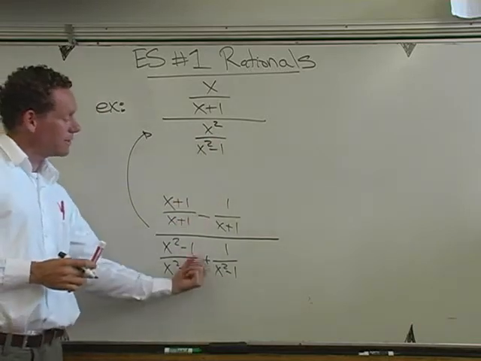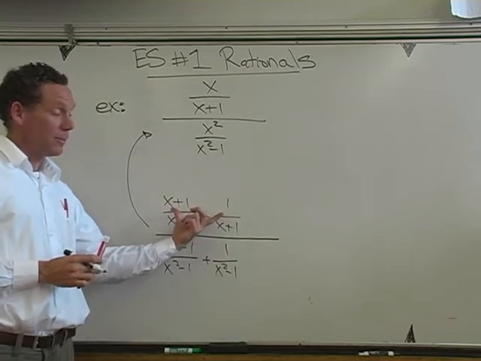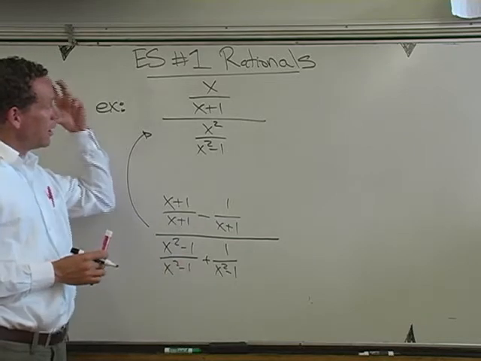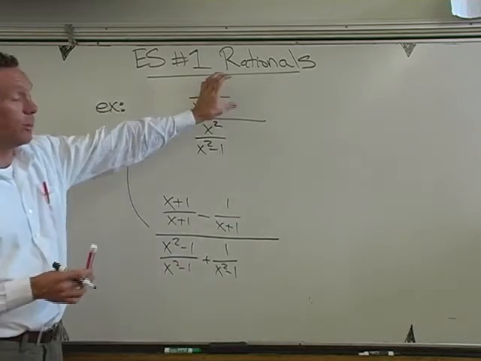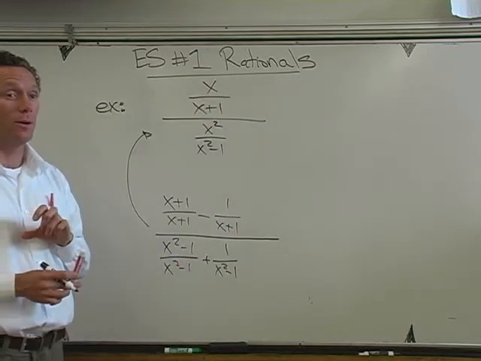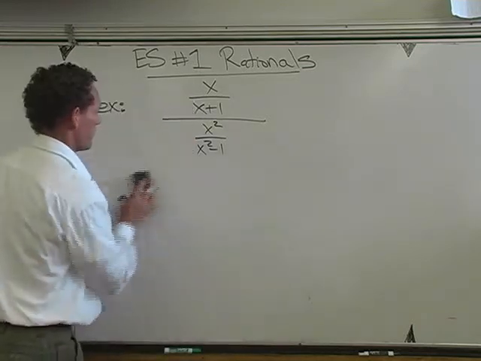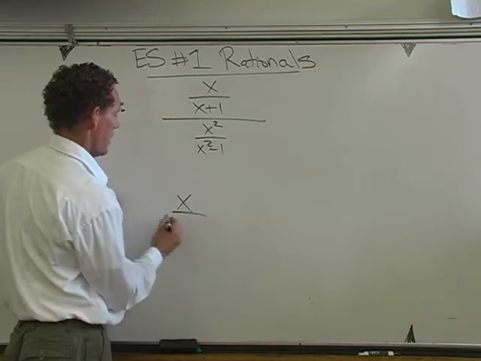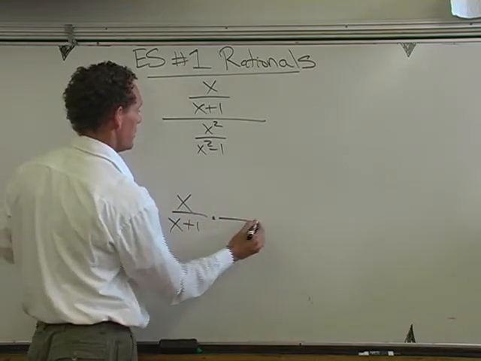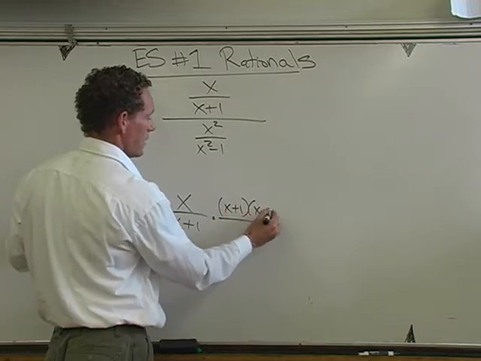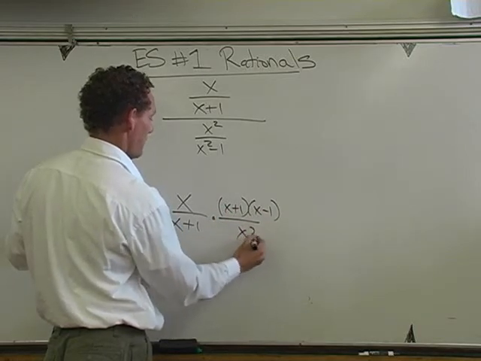So we figured out the least common denominator for up top, the numerator, and for the denominator, and we are in a position now where we can simply multiply by the reciprocal. So x over x plus 1 times, and this I'll now write in its factored form.